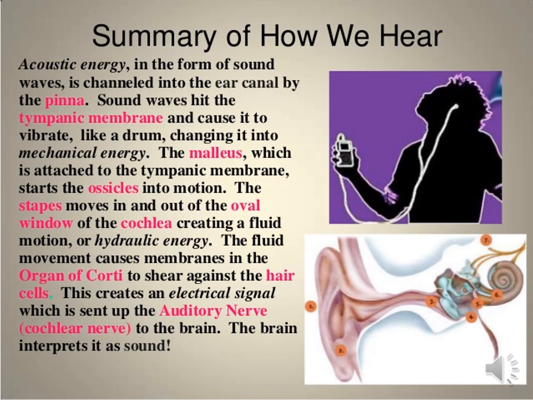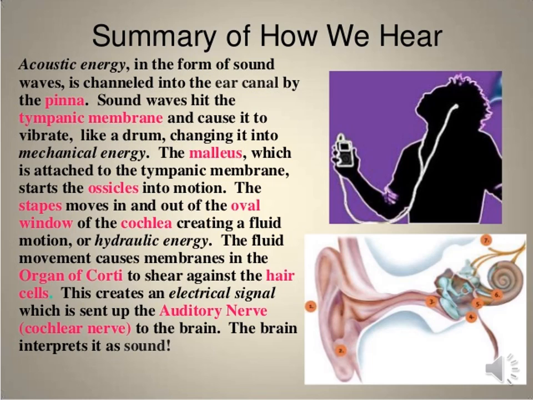Summary of how we hear. The acoustic energy in the form of sound waves is channeled into the ear canal by the pinna. Sound waves hit the tympanic membrane and cause it to vibrate like a drum, changing it into mechanical energy. The malleus, which is attached to the tympanic membrane, sets the ossicles into motion.